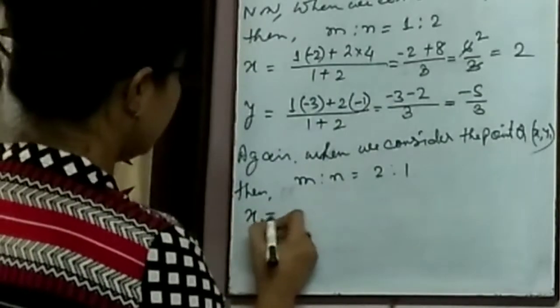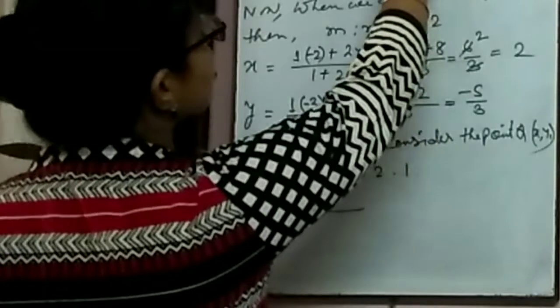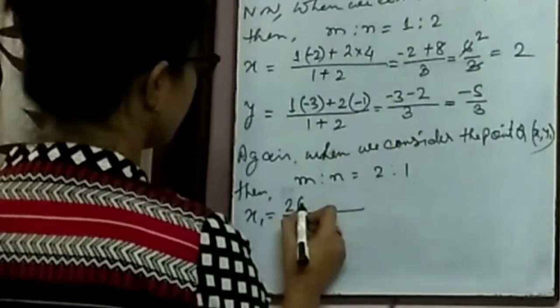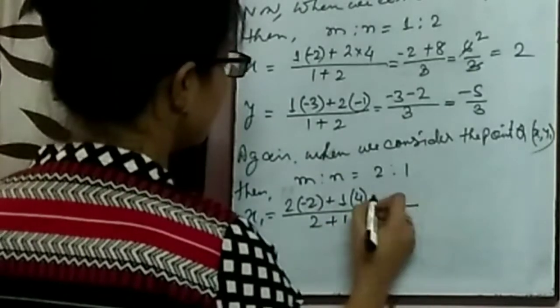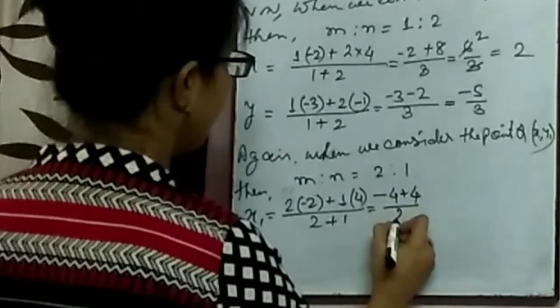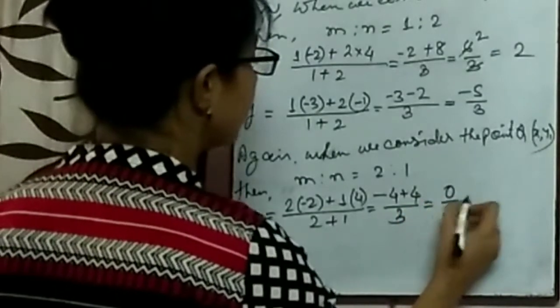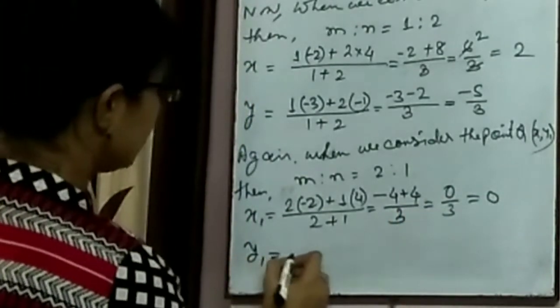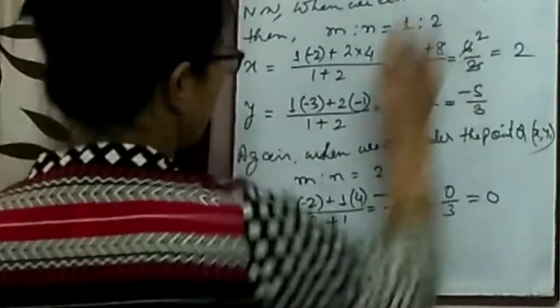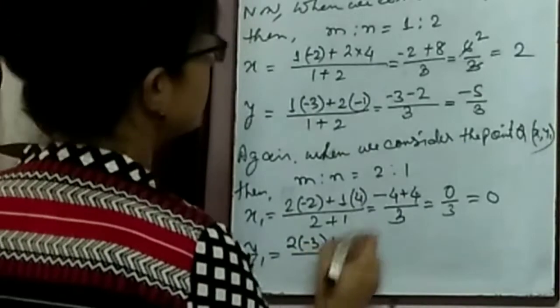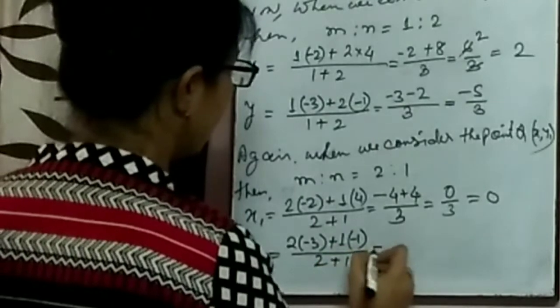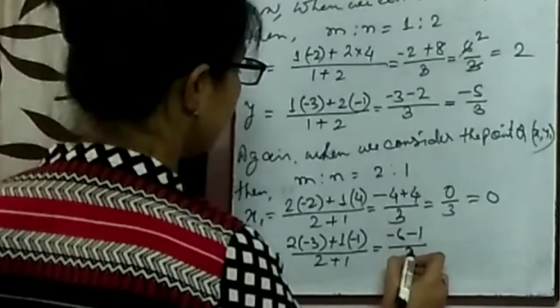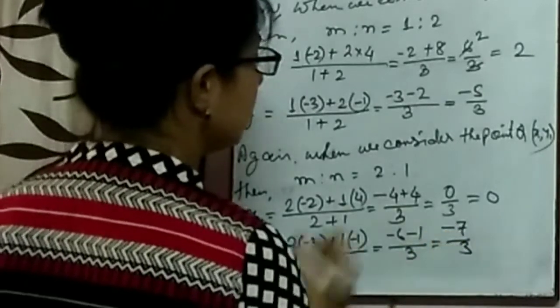Then x1 is equal to 2 into minus 2 plus 1 into 4 by 2 plus 1, minus 4 plus 4 by 3, so it's 0 by 3, it is 0. y1 is equal to 2 into minus 3 plus 1 into minus 1, 2 plus 1 again, minus 6 minus 1 by 3, minus 7 by 3.